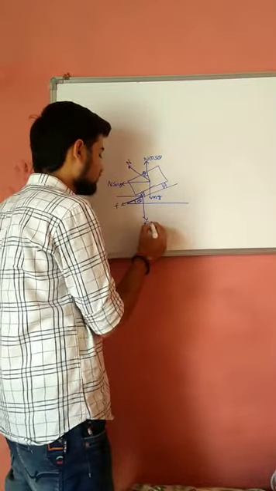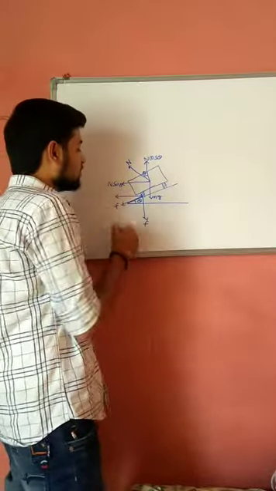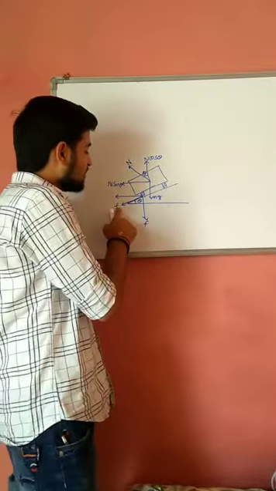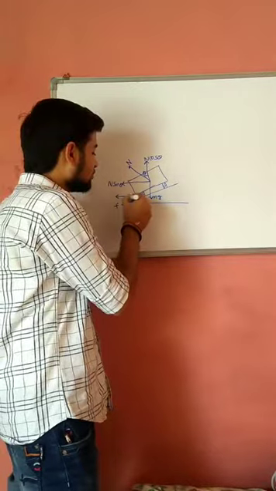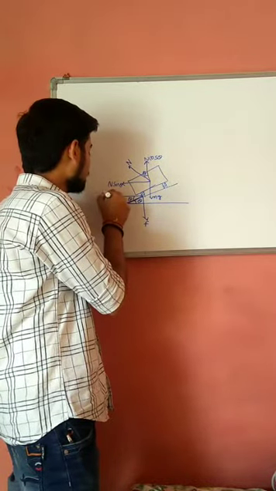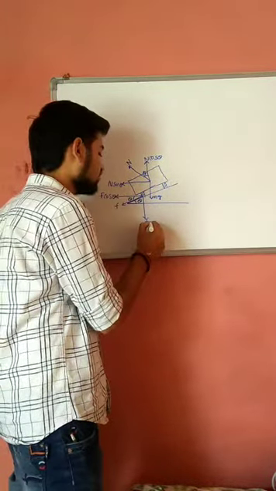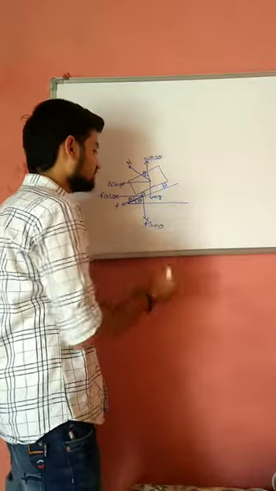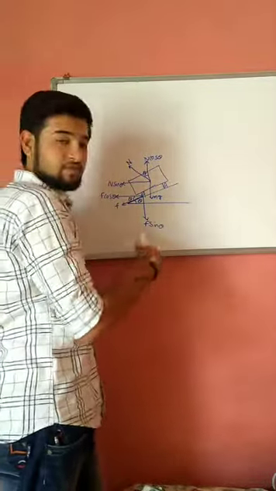Here F makes an angle theta with the horizontal component, so here we write F cos theta, and here F sin theta. So this whole diagram is summarized as follows.